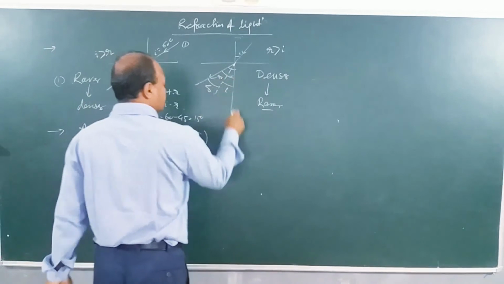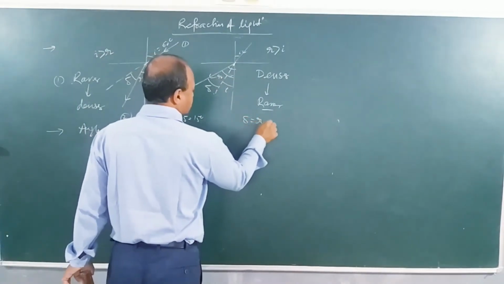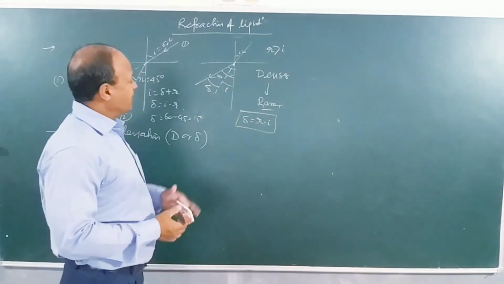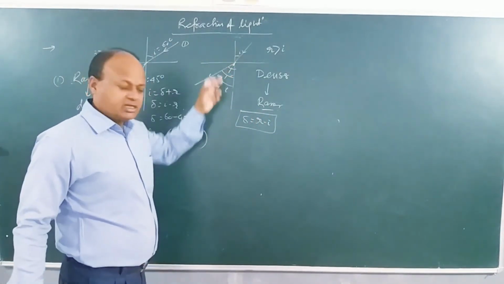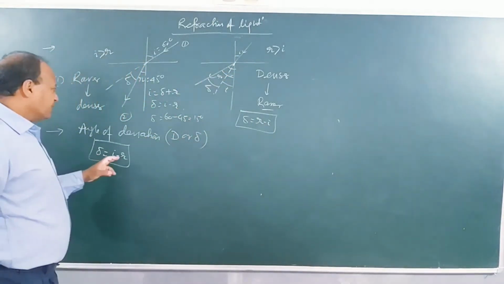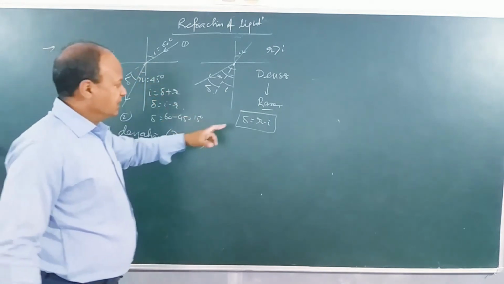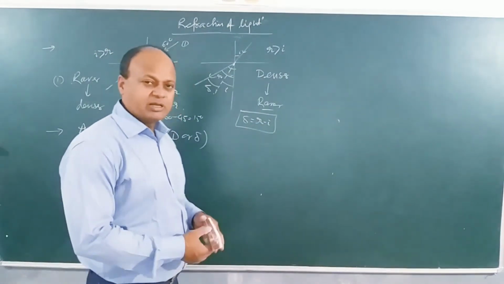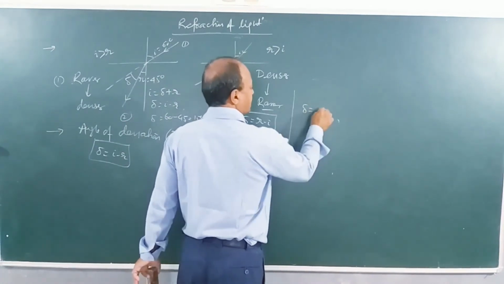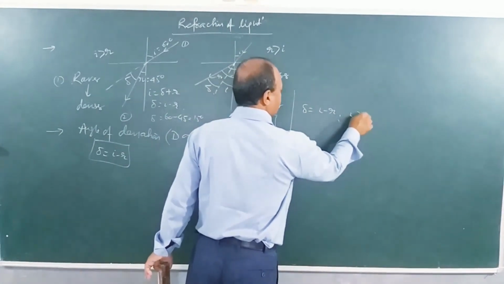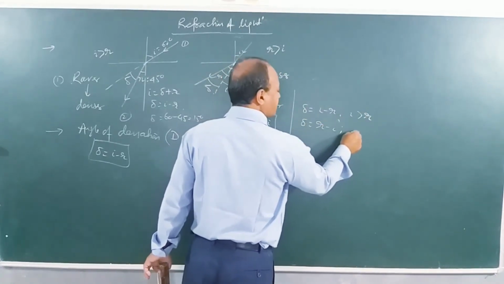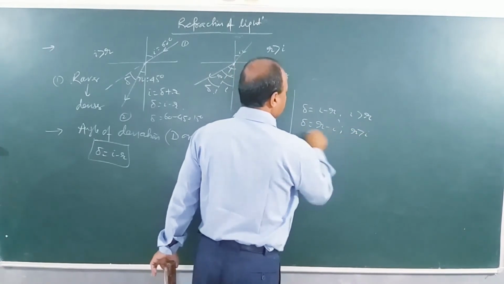So angular deviation in this case, delta will be r minus i. Angle of deviation will be r minus i, r is more than i. Same way we can relate. So you have to bear in mind, delta will be i minus r when i is more than r, and r minus i when r is more than i. So I will be writing it here. Delta will be equal to i minus r when i is more than r, and delta will be r minus i when r is greater than i. So you can remember this.